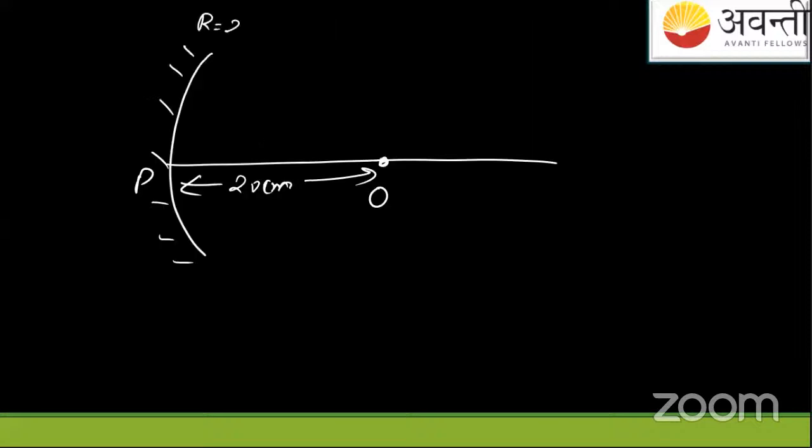So we can use the rules of image formation. The object is at 20 centimeter and the radius of curvature is also 20 centimeter. It means this O dash point is basically the center of curvature.